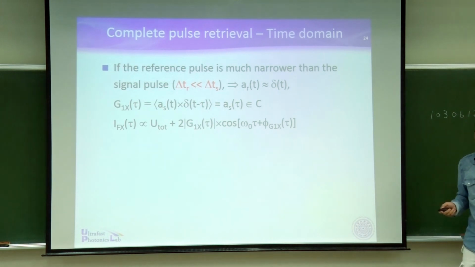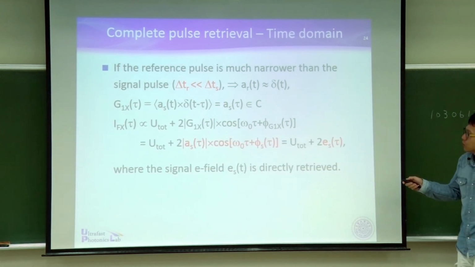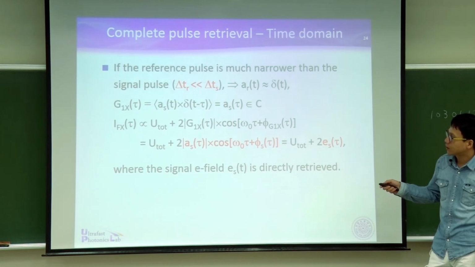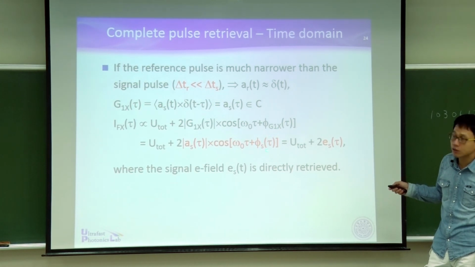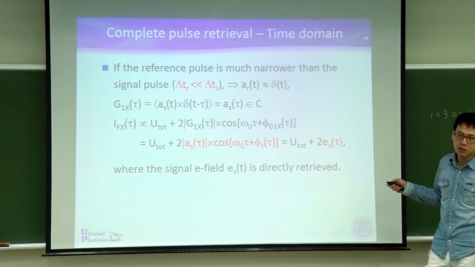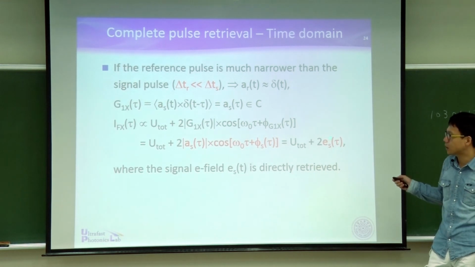But if you use this relation, the magnitude of G1x is equal to the magnitude of AS, and the phase of G1x is the phase of AS, replaced here. So if you check the red part, AS absolute value times cosine of omega 0 tau plus phi s of tau, it's exactly the field of the signal pulse, E sub s of tau.